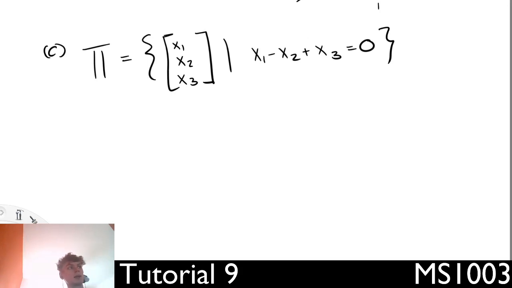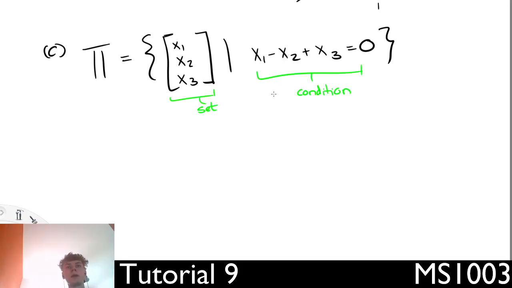I talked about this even more in tutorial 7 and the common mistakes video, because a few people weren't able to find bases for a plane in the first homework assignment. So here this is a condition, and here just the set. It's a set of all 3D vectors, but this condition has to be satisfied.